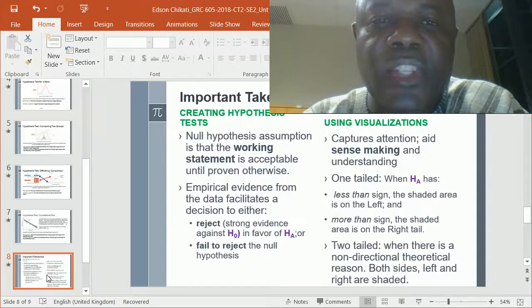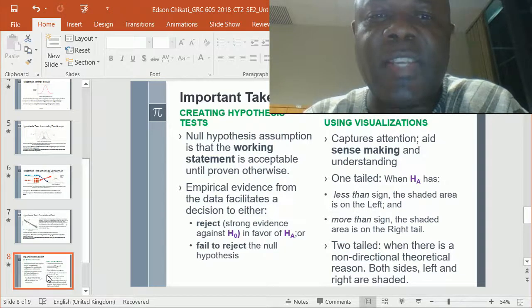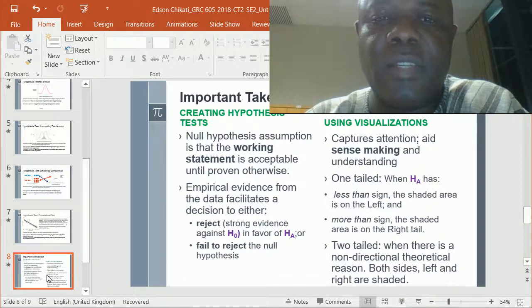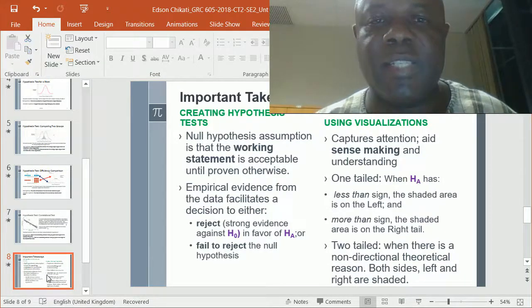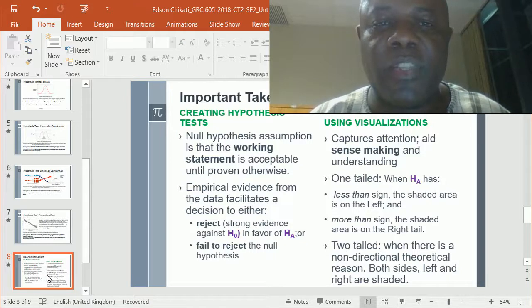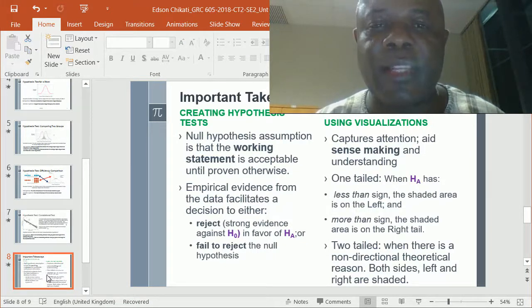We also have a situation where we have a two-tailed test. This arises when we have a non-directional theoretical reason. We find ourselves having two tails on either side. The shaded areas will be under the curve.